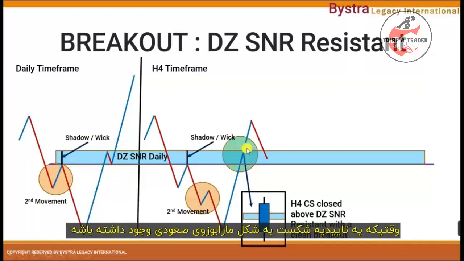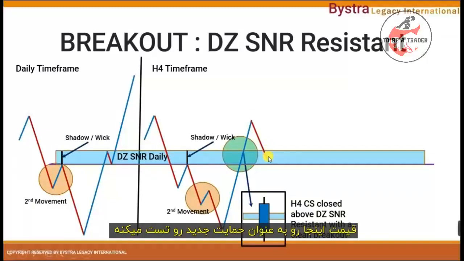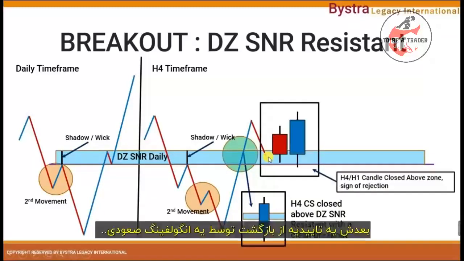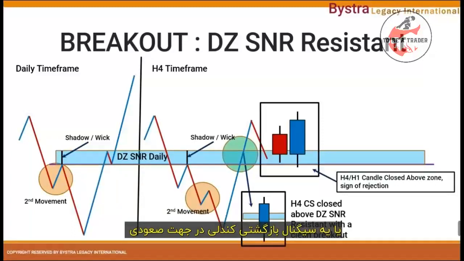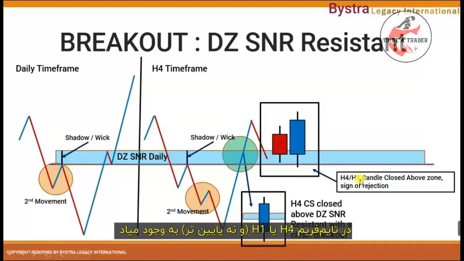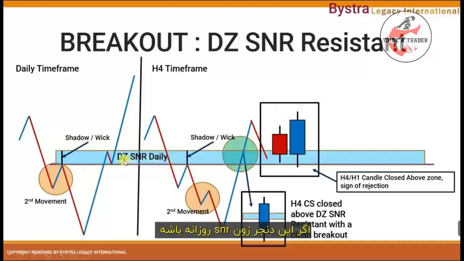Once there's a confirmation breakout on the bull Marubozu, price tests as a new support. Then it comes with a confirmation of rejection with a bullish engulfing or a candle reversal signal on the bull side at the H4 or H1 time frame and nothing below this if this is a danger zone SNR daily.